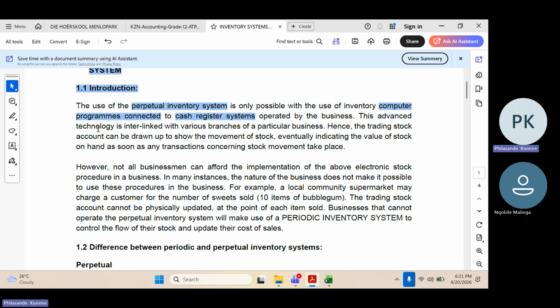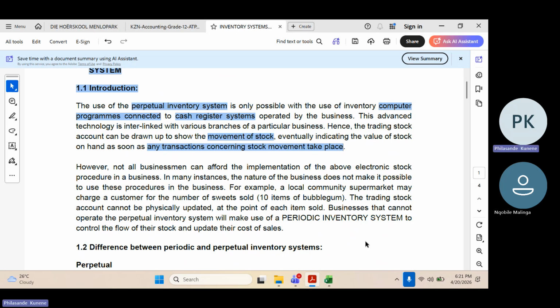These advanced technologies are interlinked with various branches of a particular business. Hence, the trading stock account can be drawn up to show the movement of stock, eventually indicating the value of stock on hand as soon as any transaction concerning stock movement takes place.